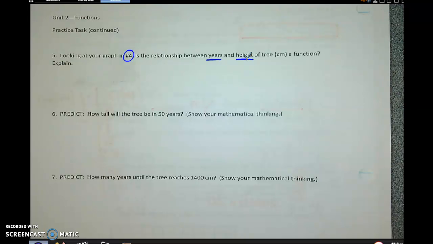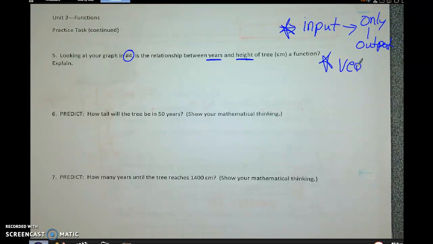When we're looking at information for a function, does each input have only one output? The other way to be able to look at this is if you are looking at a graph to do the vertical line test.